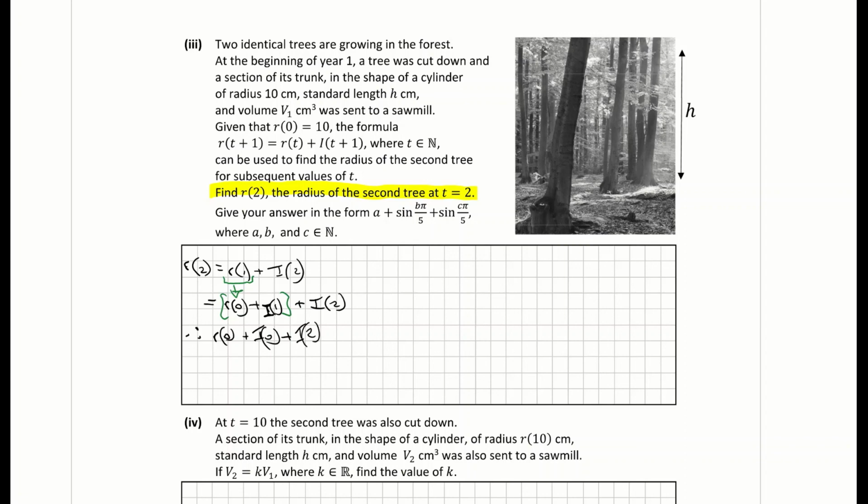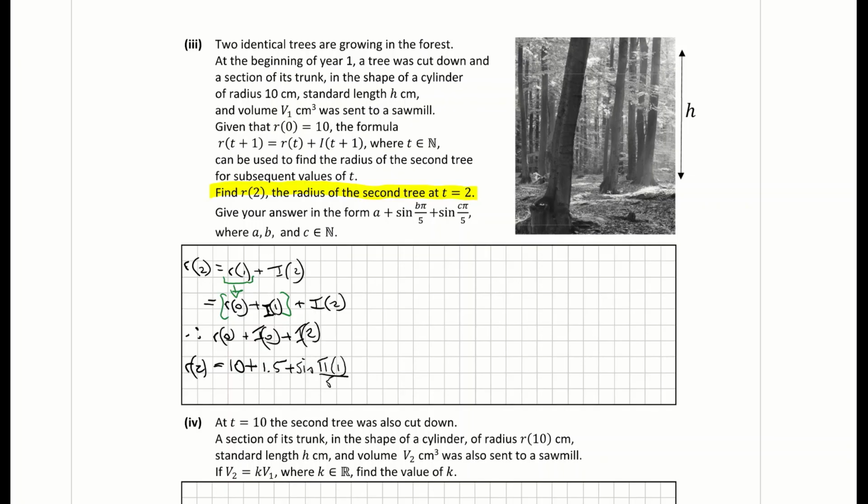Now they want us to give our answer in the form of our trigonometric function there, so don't turn it into decimals. So let's see what that's turning out. R2 is equal to R0, which is 10, plus 1.5 plus sine of pi times 1 all over 5.